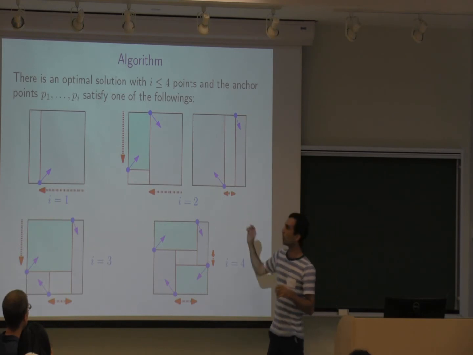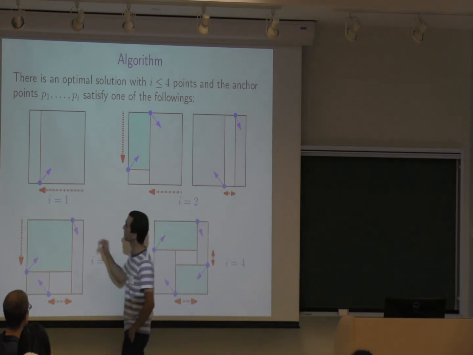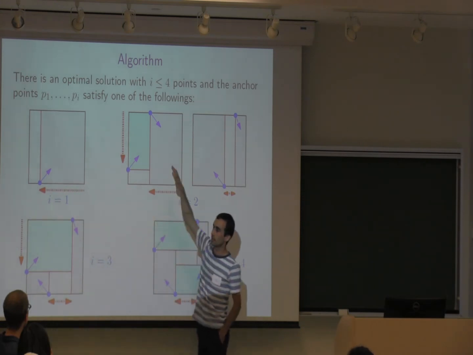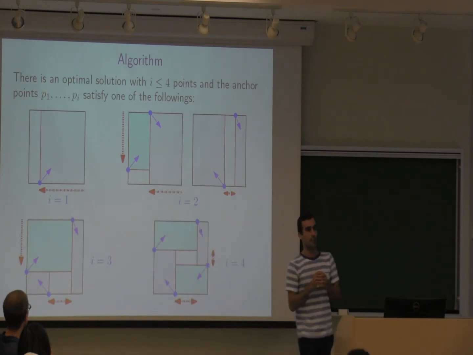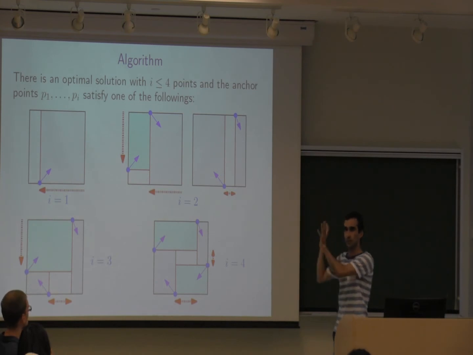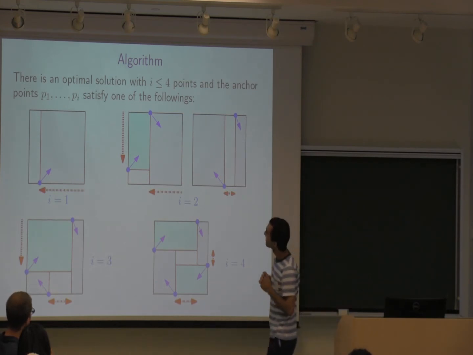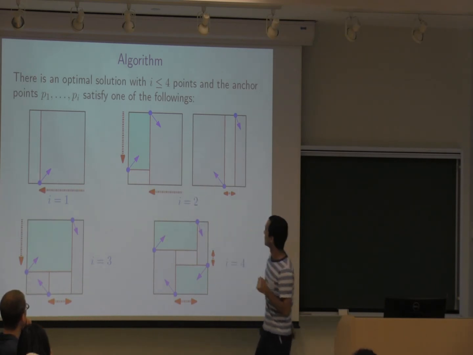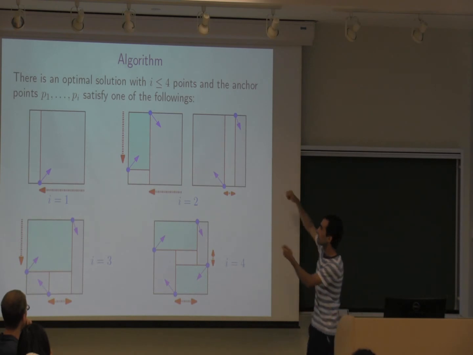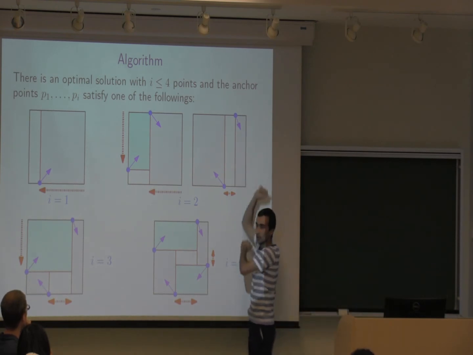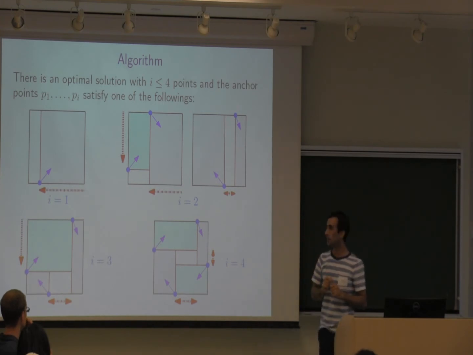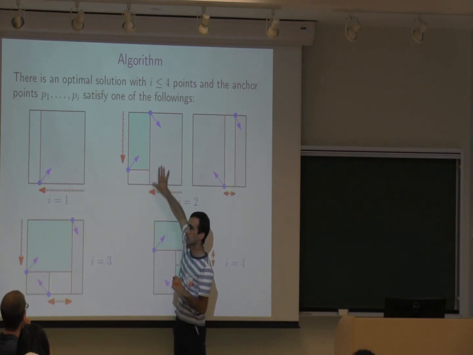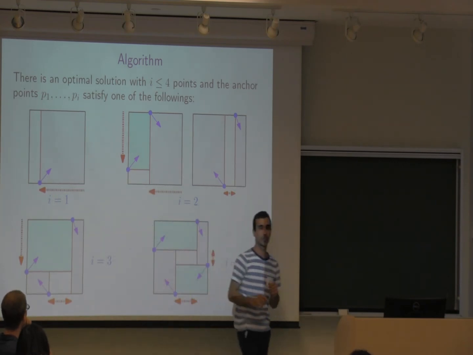Depending on how many of them we really need, we can find the optimal solution. If I have only 1 point, then it must be the leftmost point from the lower and upper sides of the square. If it's 2, then we are in these 2 situations, where I'm either taking the closest pair x-coordinate-wise on the lower and upper side, or checking the very leftmost point on these 2 sides and one from the left side.